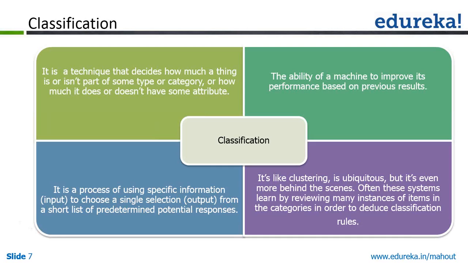And if you look at this classification problem in Mahout, it requires resources that increase no faster than the number of training or test examples, and in most cases it computes the resource requirement in a parallel way. As I told you earlier, classification is a process of using information to choose a single selection from a short list of predefined potential responses.